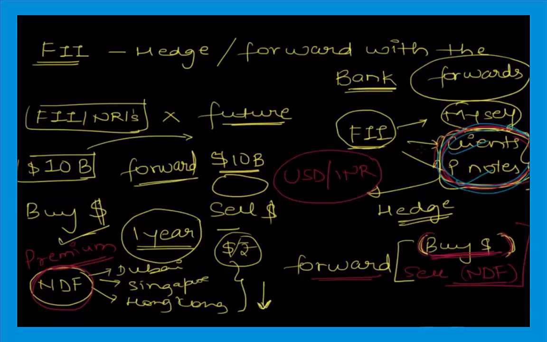Now the question can be, why in the NDF market will we have the dollar trading at a premium? The answer is very simple to that. Indian markets, that is NSE or MCX, for currencies trade from 9 to 5.